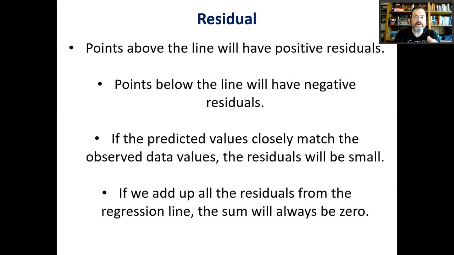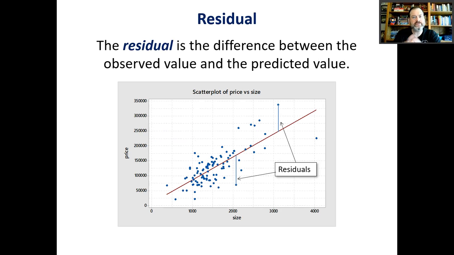So again, let's go back and check this, right? Points below the line have negative residuals. Let's look at the graph and determine why this is true. This point is above the line. So why is its residual positive? Because its y value is bigger than its y hat value. Its y hat value is the line itself, right? It's the y coordinate of the line.